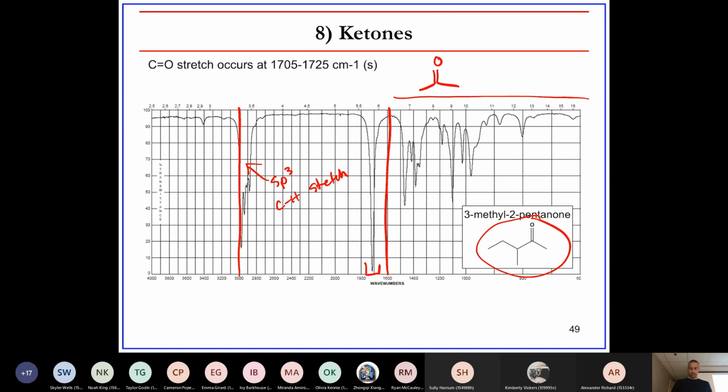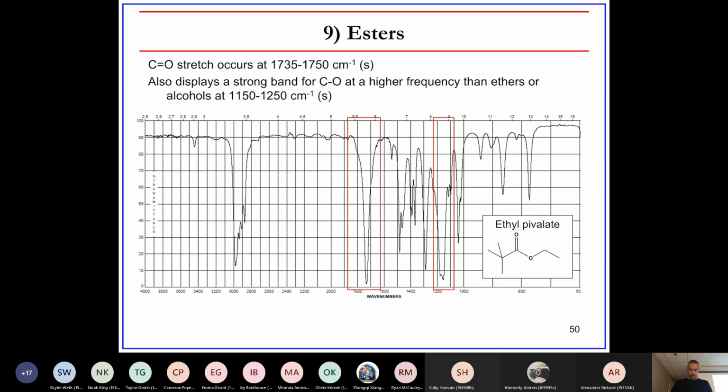Great. We're doing wonderful. Esters. You can see this example of a molecule right there is an ester. They have a carbonyl peak as well, which makes sense. They have a carbon double bond oxygen. So between 1700 and 1800, CO stretch.